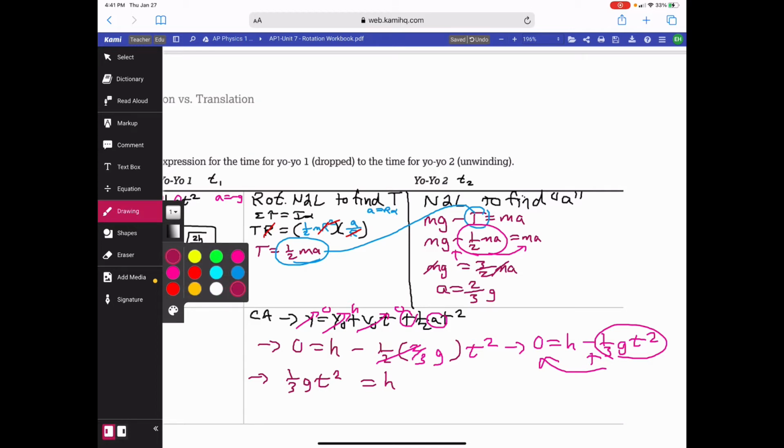We're going to multiply by 3, divide by g, and square root, and we get the time it takes for the unwinding yo-yo as the square root of 3 times h divided by g.